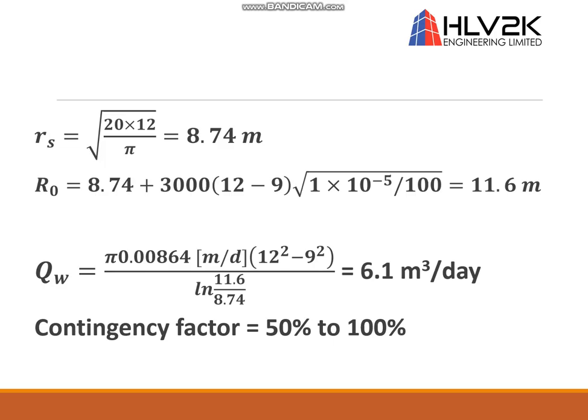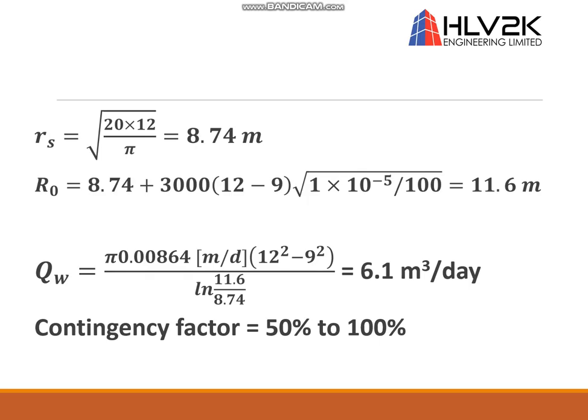But remember, because we have variability in hydraulic conductivity in different parts of the site, we probably have different elevations, bedrock could be different, soil conditions would be different, but in analytical models we only use one value for each parameter. To cover those things, we usually add a contingency factor, which is between 50% to 100%.